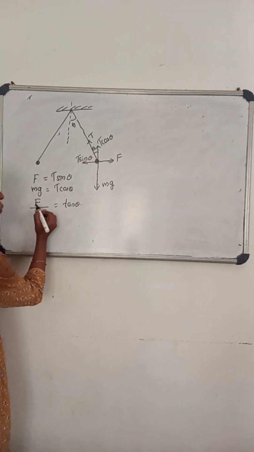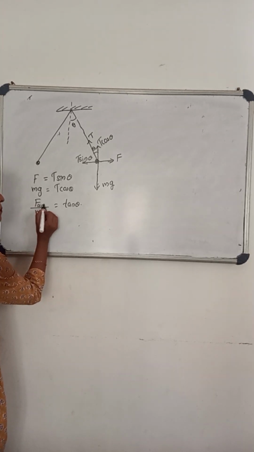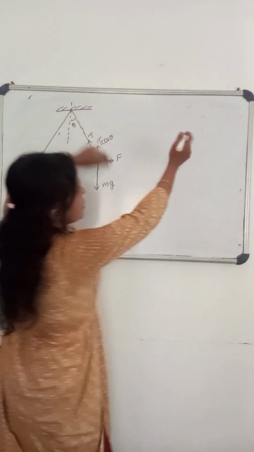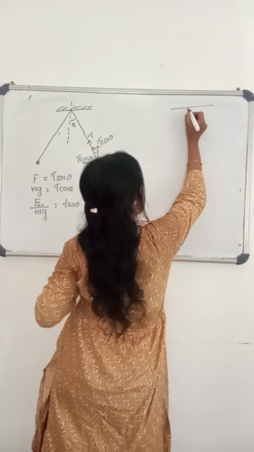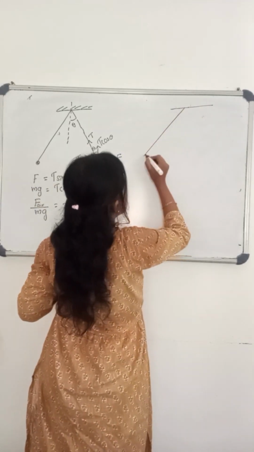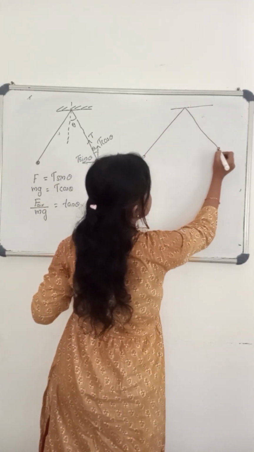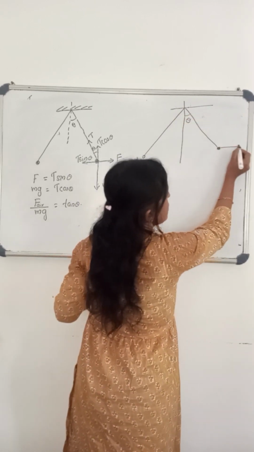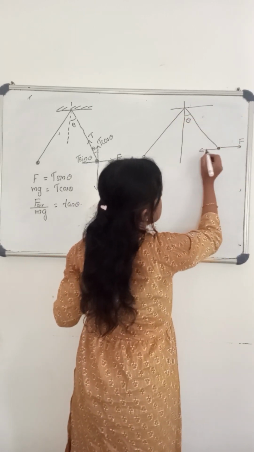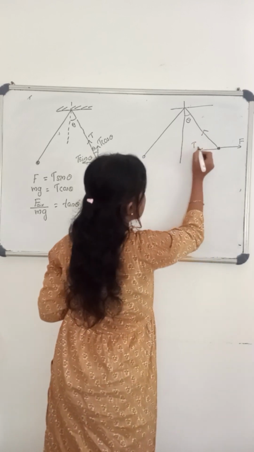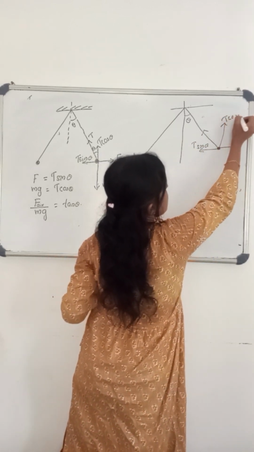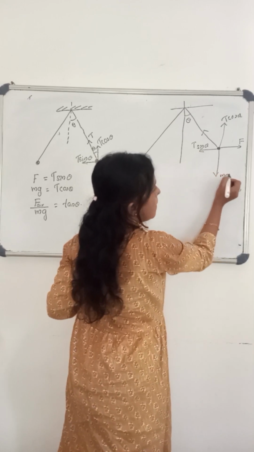This is the force in air or free space. And suppose this arrangement is kept immersed in liquid, then also it will make the same angle. Here is the repulsive force, and here also the same way, T sin theta, T cos theta, mg.